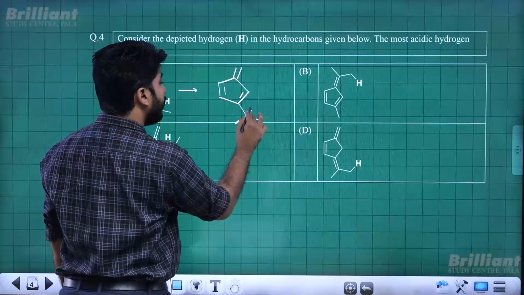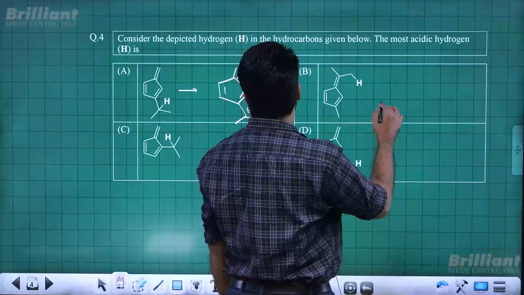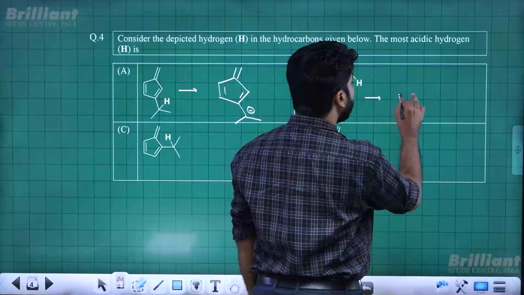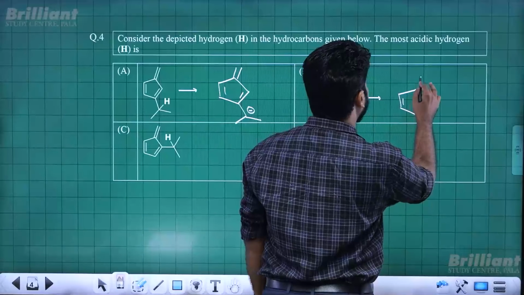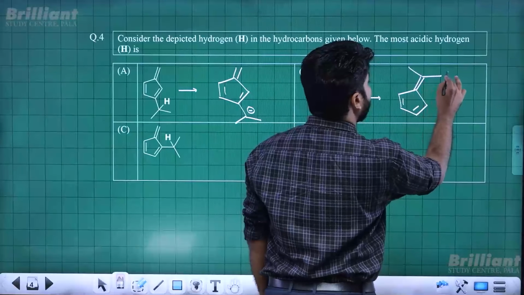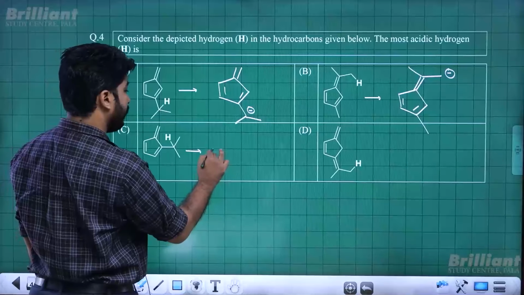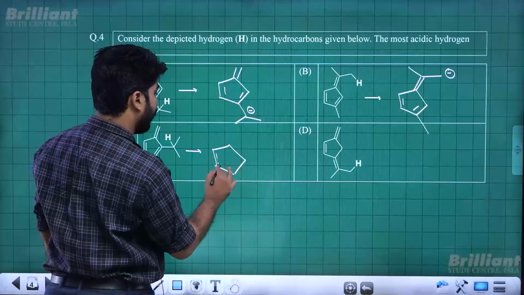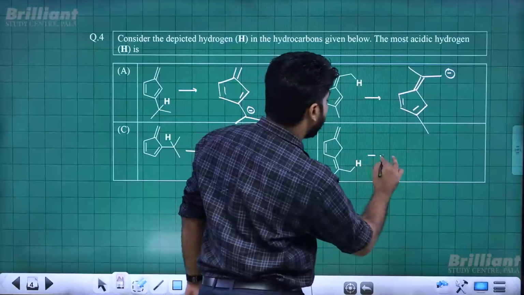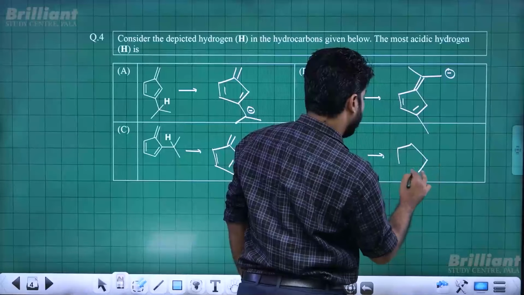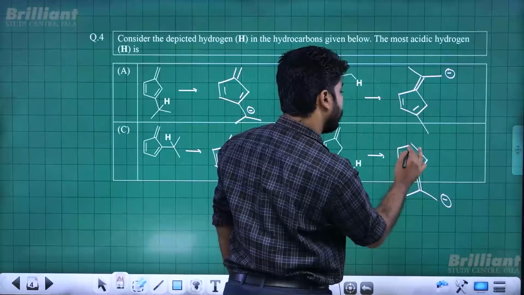From here we will get such a resonance stabilized anion, and in the next case we will be getting that particular anion. From the third, the conjugate base generated will be this one, and from the fourth, the conjugate base is going to be that one.